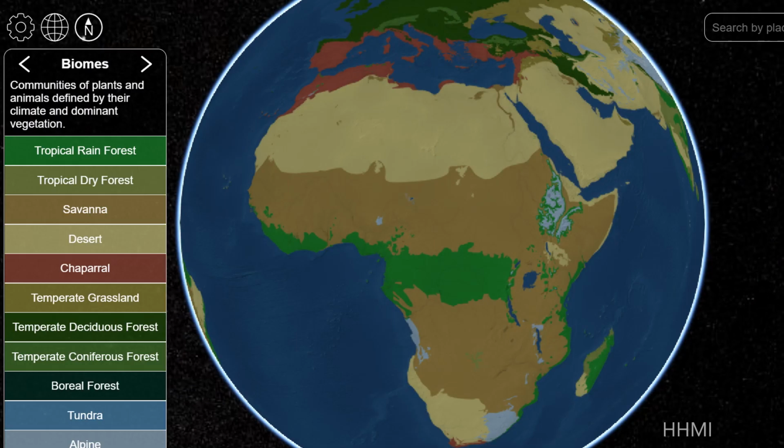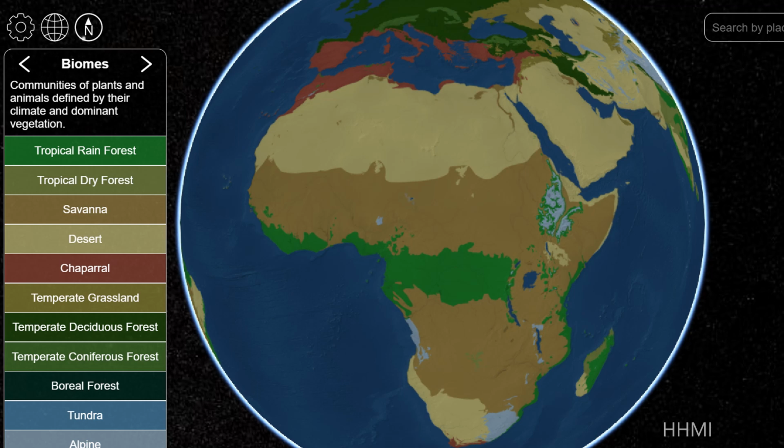These changes in global climate across latitude alter the composition of plant and animal communities. Here we're looking at the biomes of Africa, and this green through here are the tropical rainforests centered on the equator.